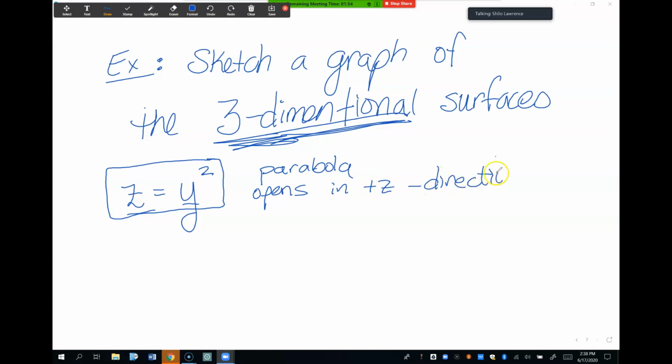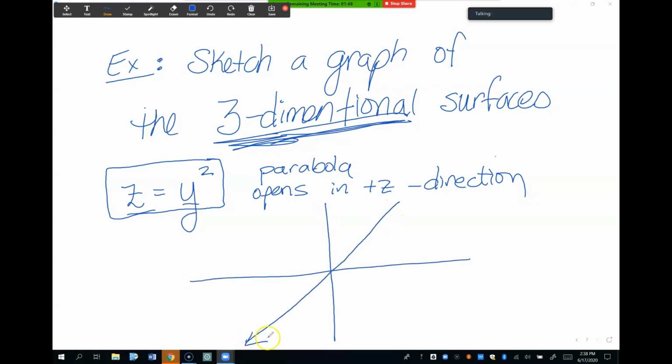So I'm gonna draw this two-dimensional curve in three-dimensional space. This is just a two-dimensional parabola in the YZ plane that opens in the positive Z direction. So it looks like this.